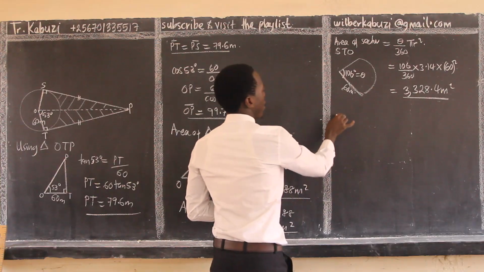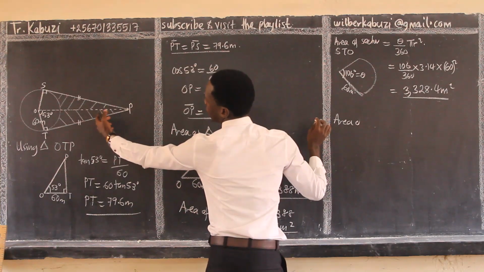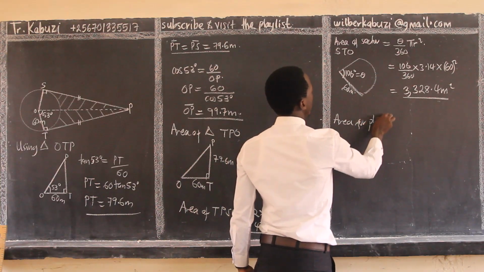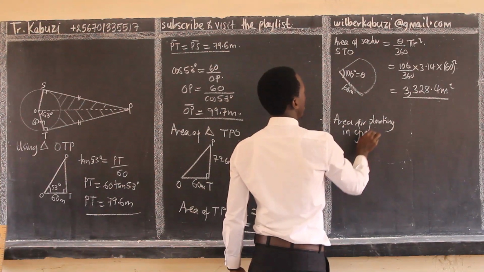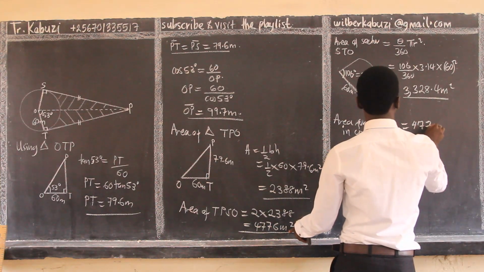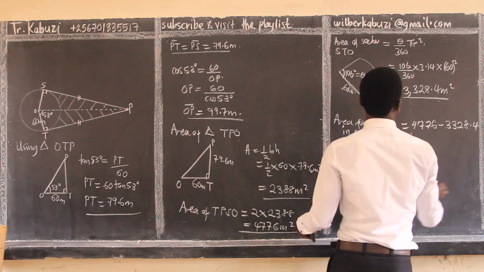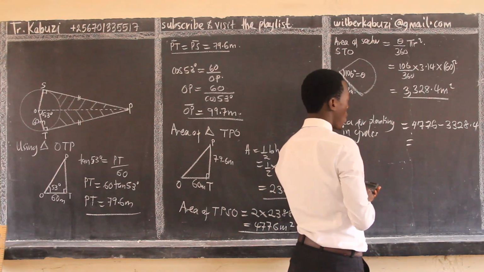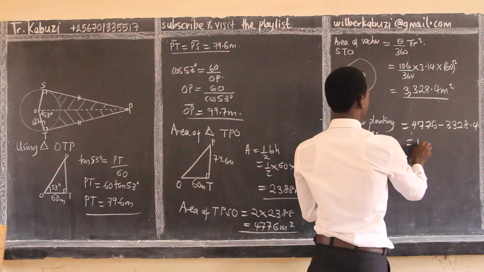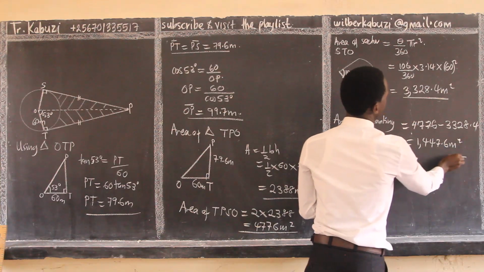Now the area for planting the grass will be the area of the big one, 4,776, minus 3,328.4, which will be 1,447.6 meters squared.